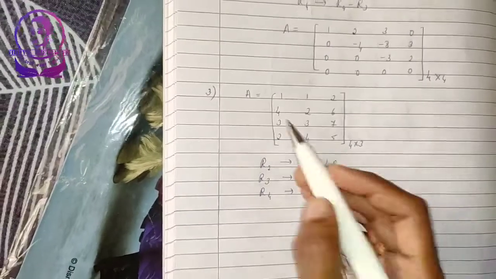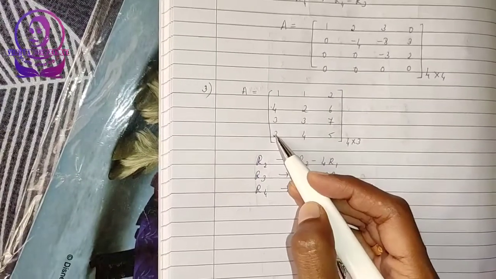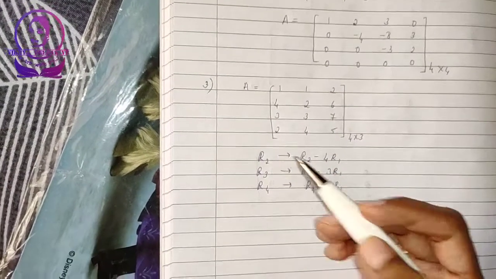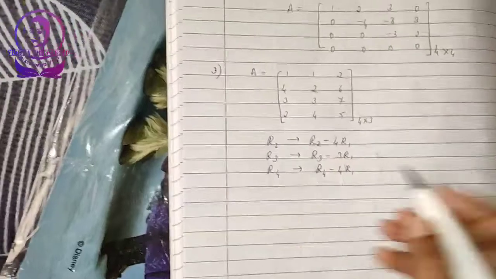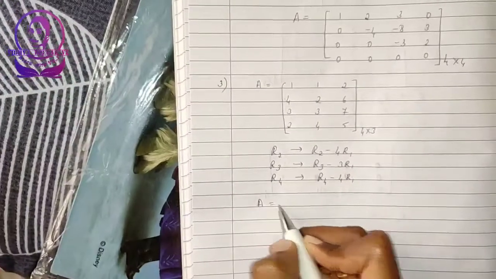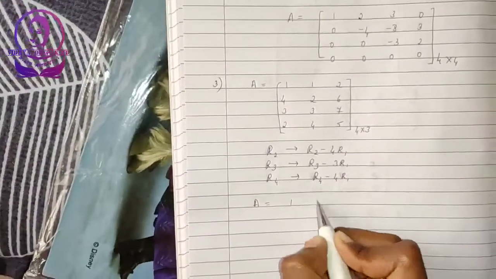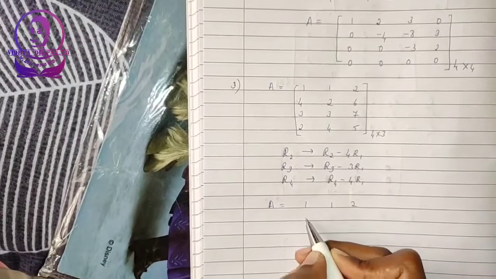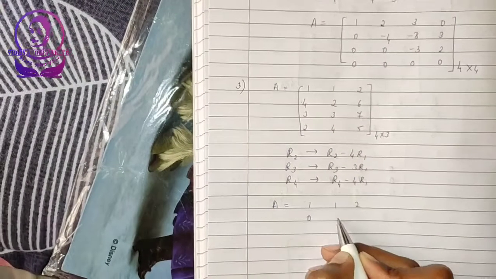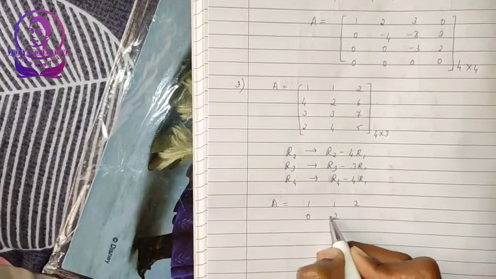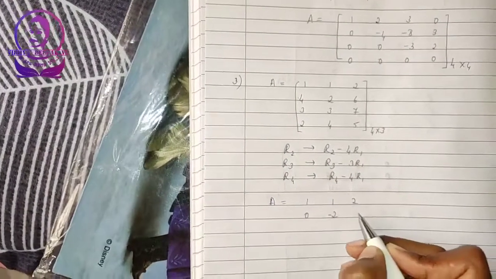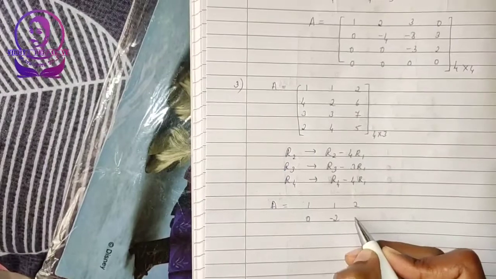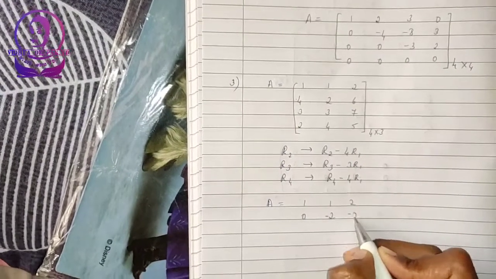Then we will make these zeros. First we'll concentrate on this and this term to make them zeros. So shall we perform the operation? This is 1, 1 and 2. Second row becomes 4 minus 4 is 0, 2 minus 4 is minus 2, 6 minus 4 twos are 8, so minus 2.